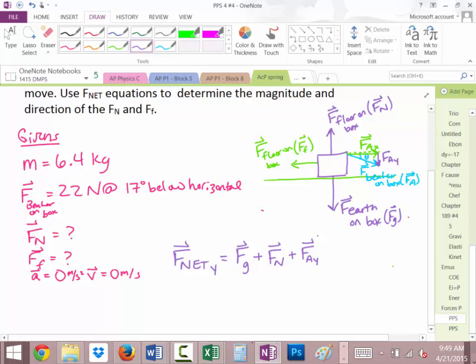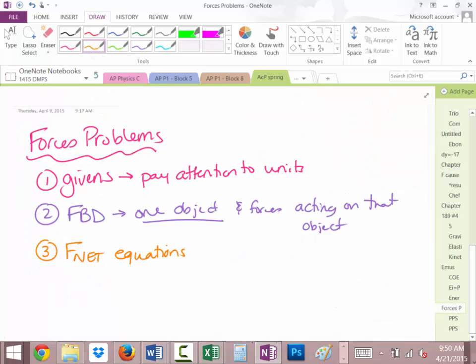Are there any other forces going in the up and down direction? No. So now we're going to take the step Anna wanted to take. F-net, not only does it mean all the forces, but Newton's first and second law says that F-net equals MA, right? Okay, so I'm going to write this down in our list of things to know because I want to make sure that we know this.